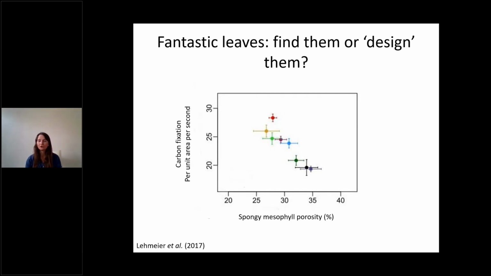One of those is that we're limited in how we think about it by the range of spongy mesophyll porosities that we're able to measure. You can see there's about 10% variation within the lines examined here. But if we can't find or generate mutants with more extreme variation, then we can't ask questions about how that variation would influence more extreme cases.